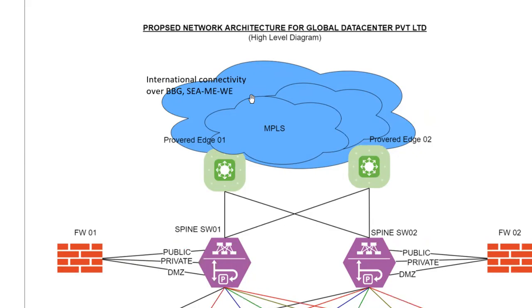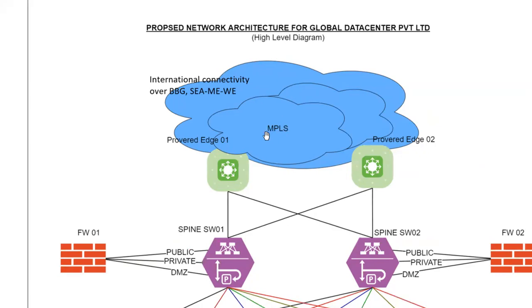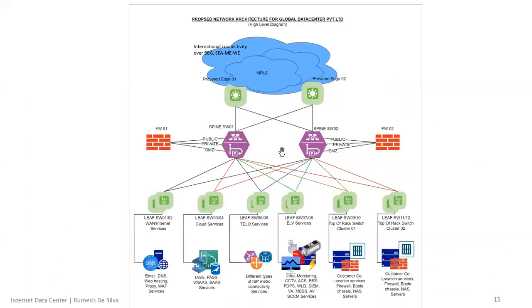But in this diagram, I have only shown the providers at this time. You can see two core switches here and two firewalls kept beside the switches, and a TOR, top of rack, switch series in this diagram.